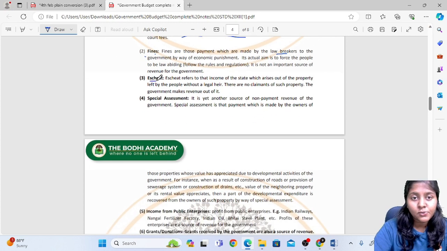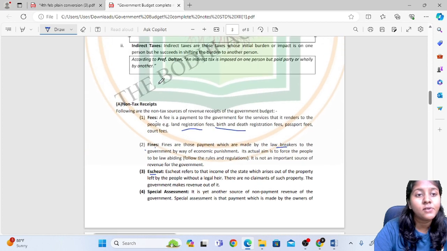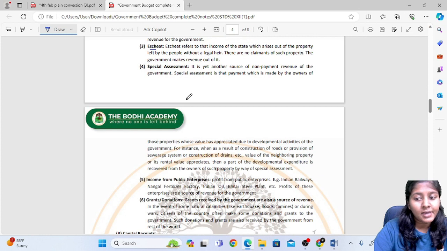Escheat refers to that income of the state which arises out of property left by people, or property which does not have a legal heir. Then it is called escheat, and it is one part of non-tax receipts. Then special assessment is yet another source of non-tax revenue of the government.